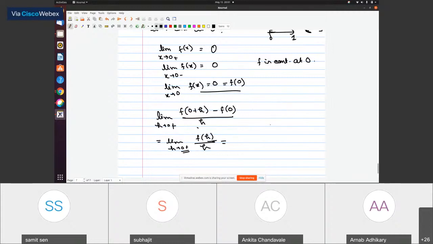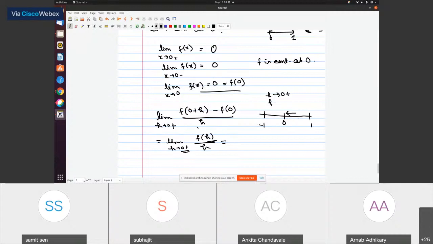What we are doing here is taking this limit. So this is my 0, here is my 1, here is my -1. When h tends to 0 plus, that means h is approaching 0 from the positive side, from the right hand side of 0, right?